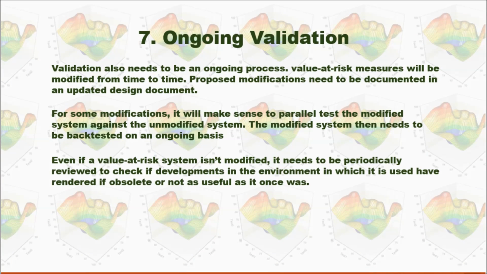Model modifications need to be documented in an updated design document. The document needs to be reviewed and approved. Once the modifications are coded, they need to be fully tested. Even if a value at risk system isn't modified, it needs to be periodically reviewed.